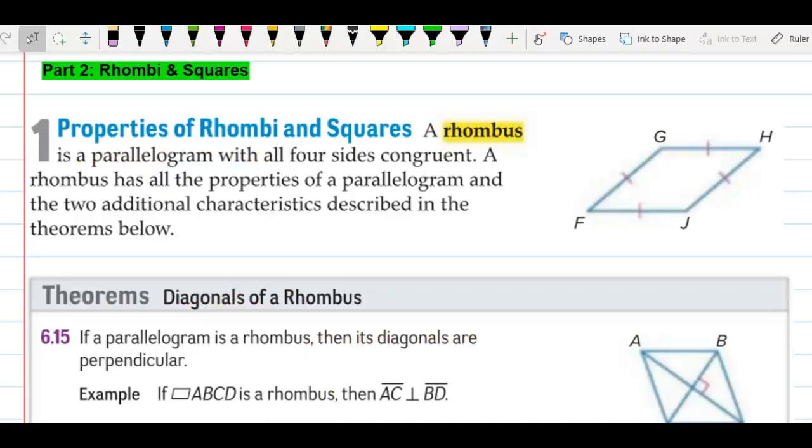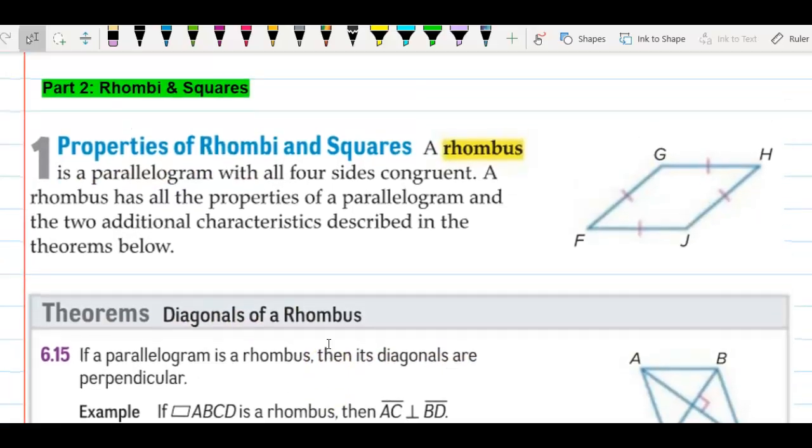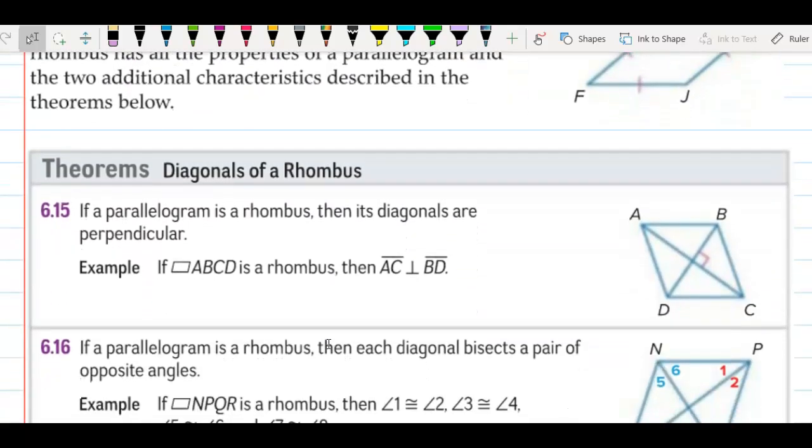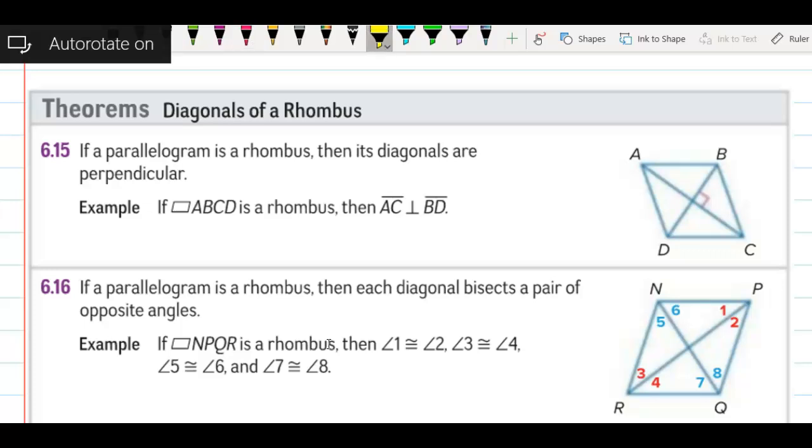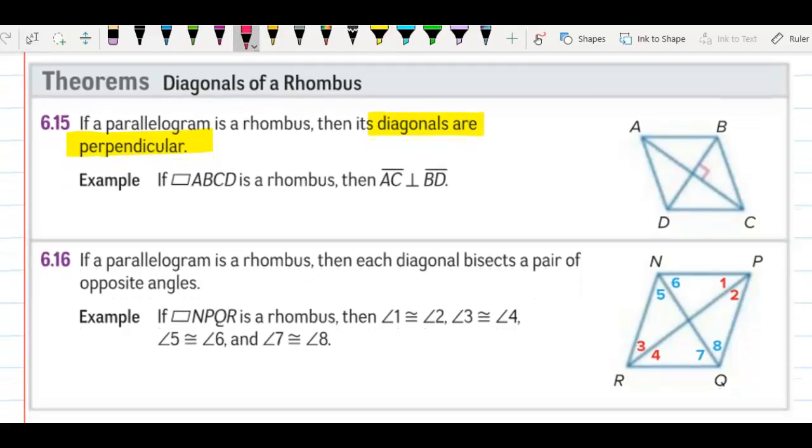I'm going to go back so that this isn't another 20-minute video. If a parallelogram is a rhombus, then its diagonals are perpendicular to each other. In this picture, we had a nice right angle, so diagonals are perpendicular, which all this means is they form right angles.